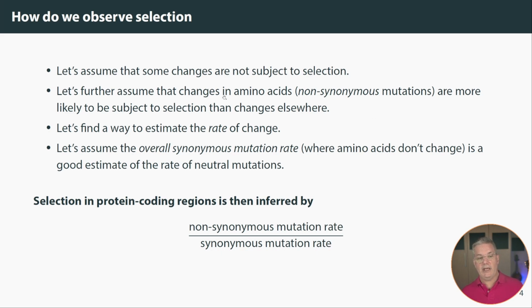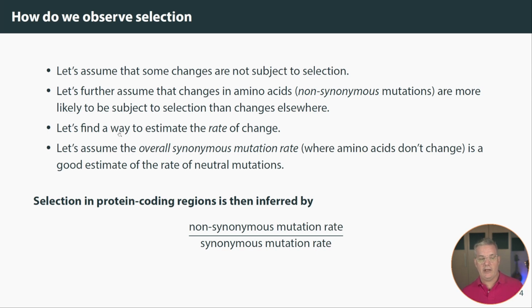So what that means is that changes in amino acids, non-synonymous mutations, are more likely to be subject to selection than synonymous changes. And say we also devise some measurement, when we're looking at a bunch of different changes, to estimate the rate of change from a set of observations of change.